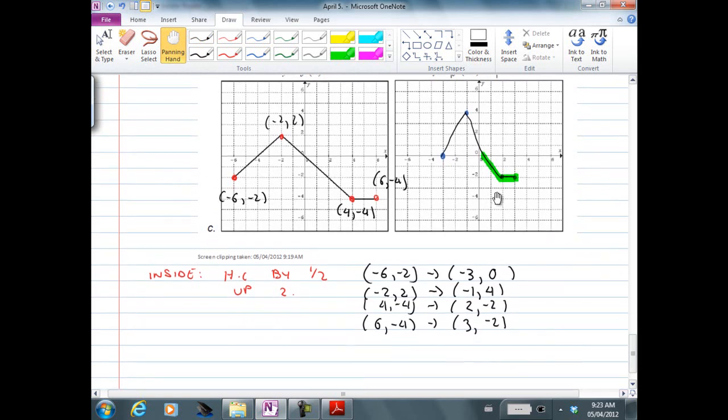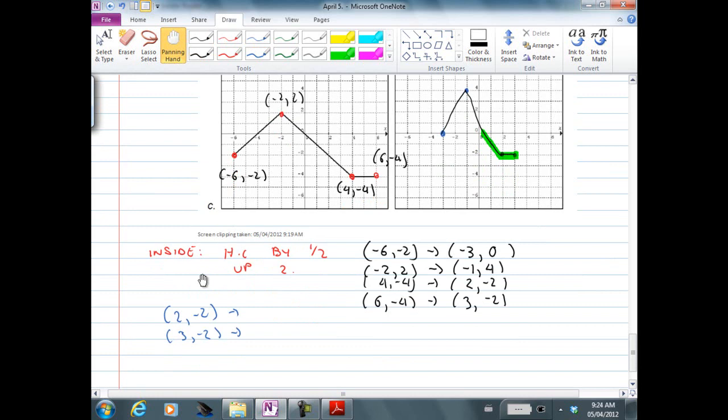And really, I only have to focus on these 2 points right here, which is 2, -2, 3, -2. I'm going to do the absolute value now. And go ahead and find the new points if you did absolute value. The new points are going to be 2 and 2, 3 and 2.